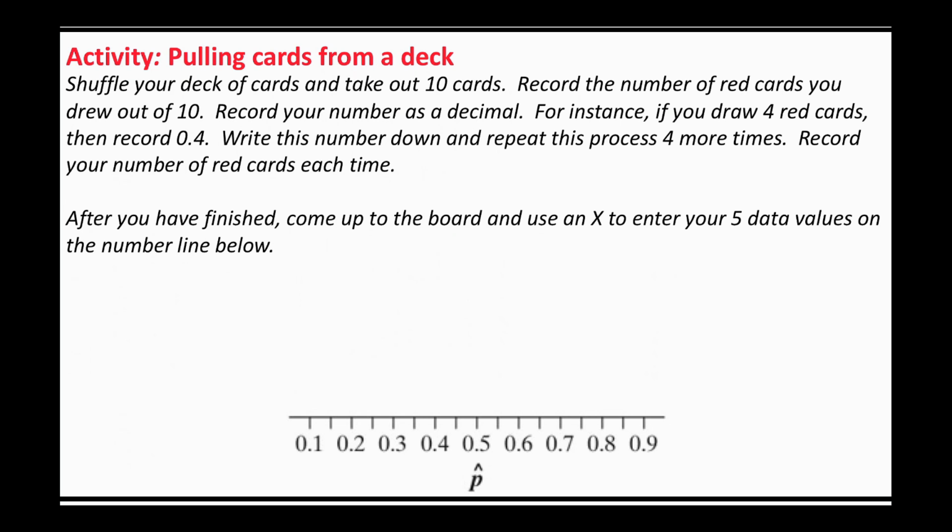We only care about color. We're not looking at the actual value. We're just looking at color. So the directions say record the number of red cards. Out of those 10, record the number of red cards. For example, I got 1, 2, 3, 4 red cards. So it'd be 0.4. Okay, whatever your number is, write it down.